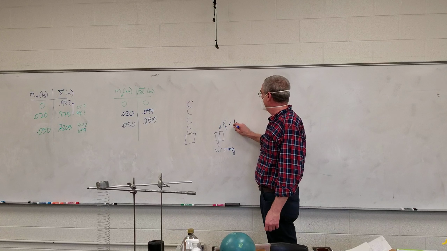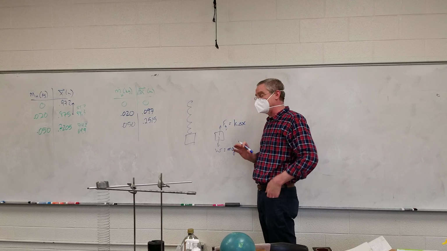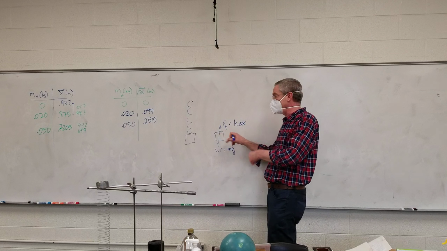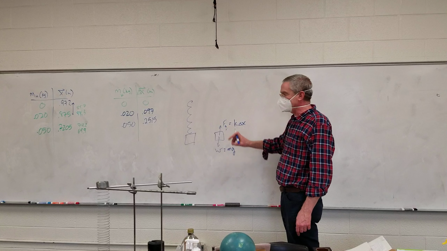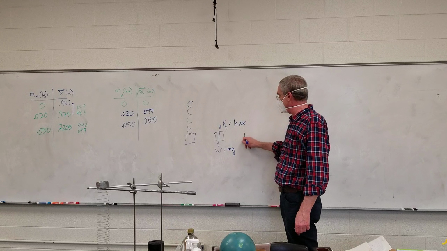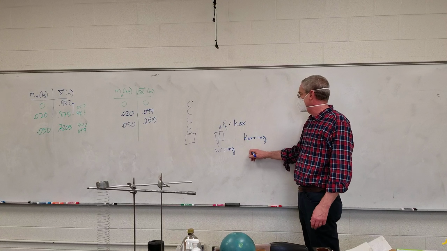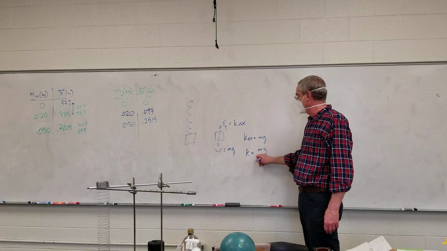K delta X. Now, I'm not writing the minus sign there because the negative sign is just telling me the direction, and I already indicated the direction with an arrow here. And so if this is in equilibrium, so it's sitting there not accelerating, then these two should be equal, so K delta X should be equal to mg. And so K should be mg over delta X.